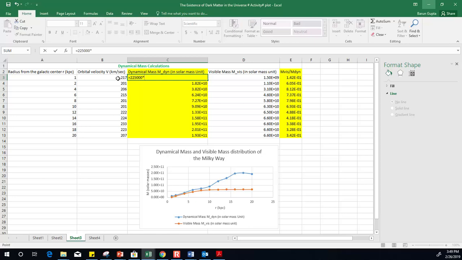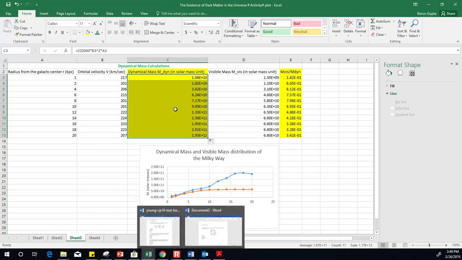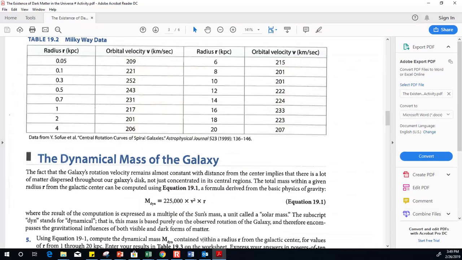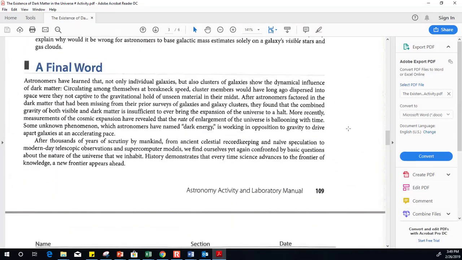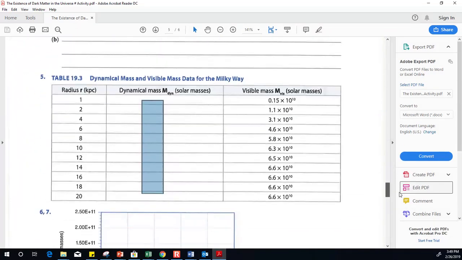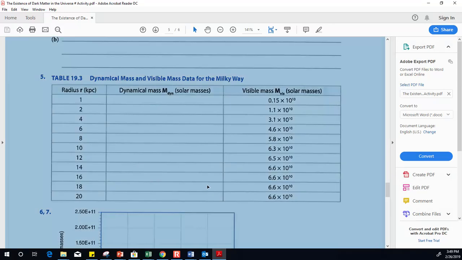The v squared is in this column, so I'm squaring this column times this distance. Click onto this line and you get this one. That's the way I calculated the dynamical mass, and once you have it, you fill in this table.